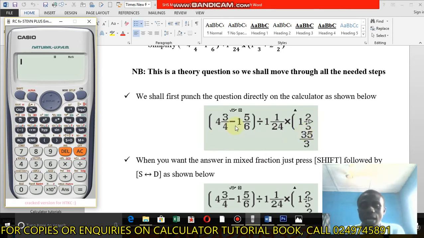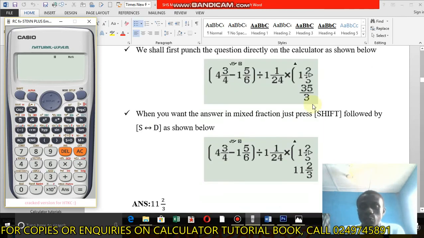Now we assume that you have a fair knowledge of that. So we are going to use that idea to punch this directly on the calculator. After that, when we press the equal to sign, we get 35/3. So this is our answer. Before we even start solving, we have our answer already.